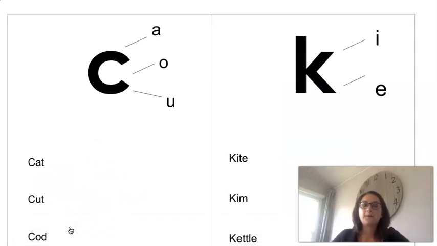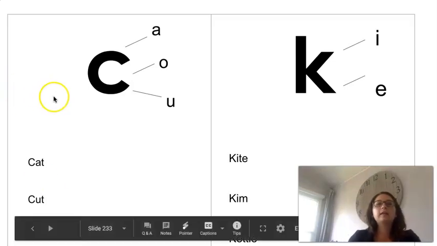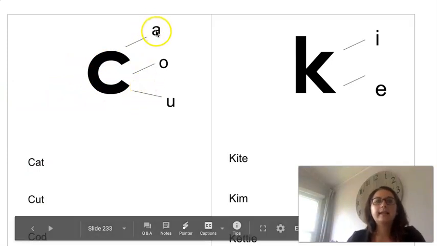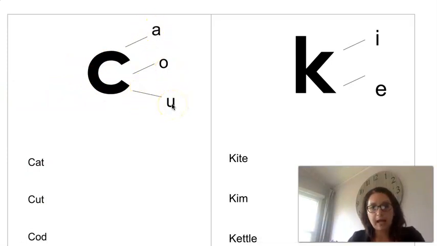Okay, so I told you at the beginning of this lesson that we were going to talk about the differences between the C and the K because both of them make the sound K, right? One way to know whether it's going to be a C or a K at the beginning of a syllable is what letter comes after. C always has A, O, and U after it.